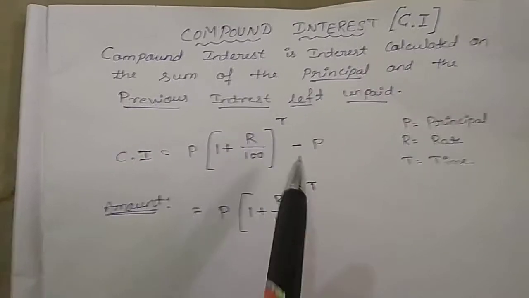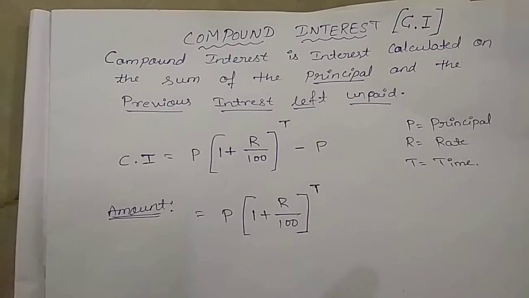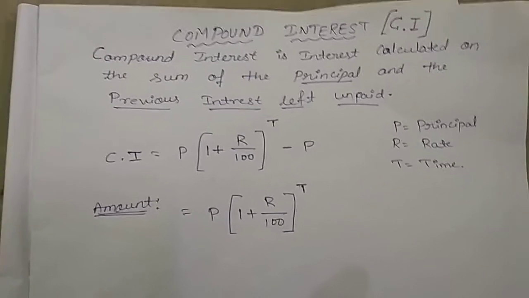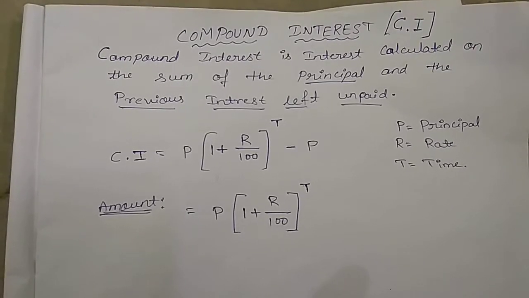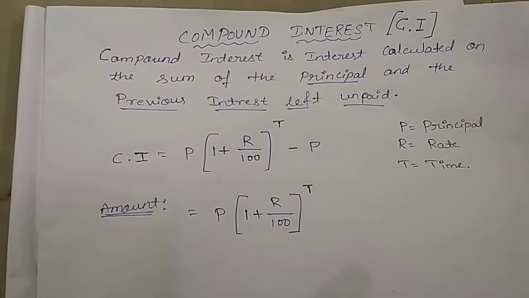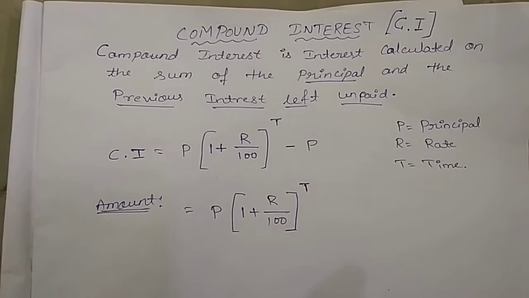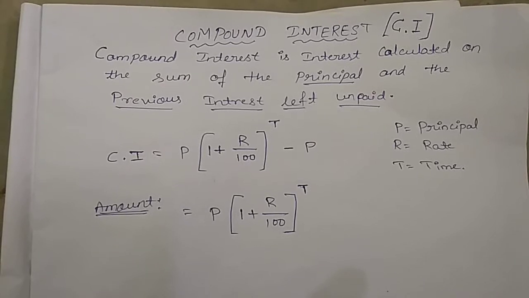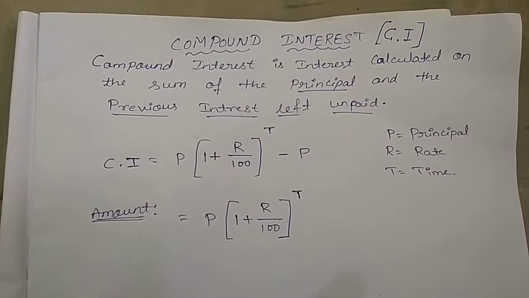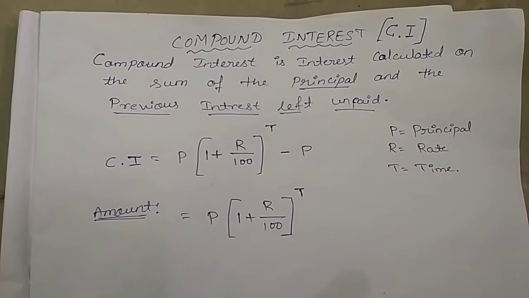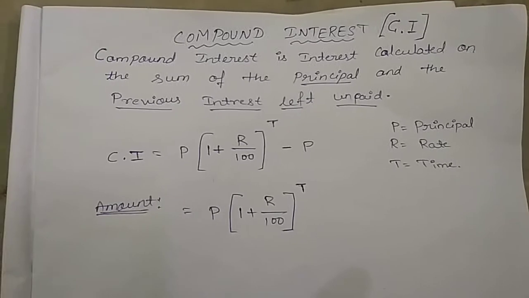By using this formula we can easily calculate compound interest. I will work out one or two problems as examples, and I will give a few problems to complete at home, and you should reply with the answers through WhatsApp.